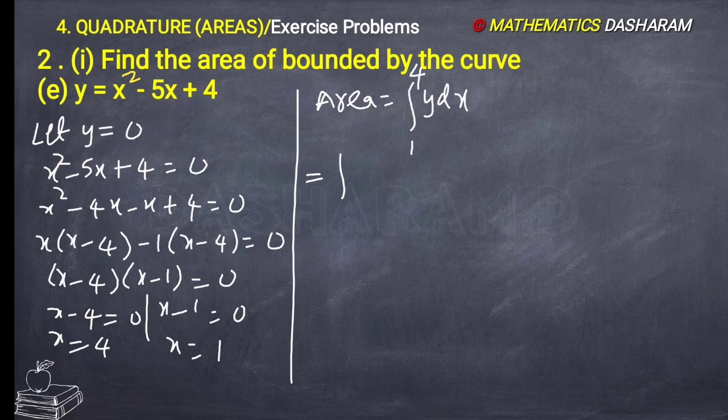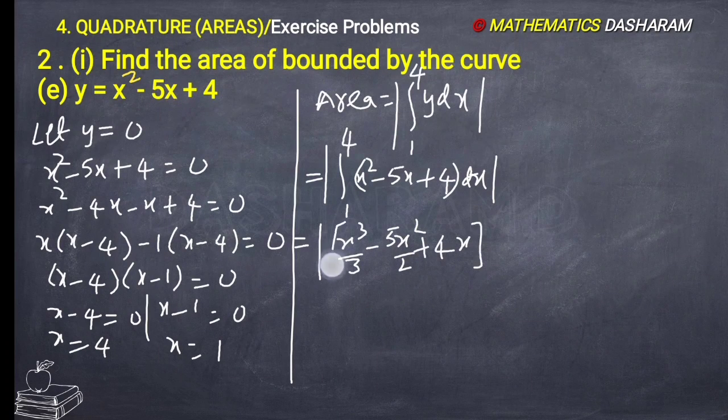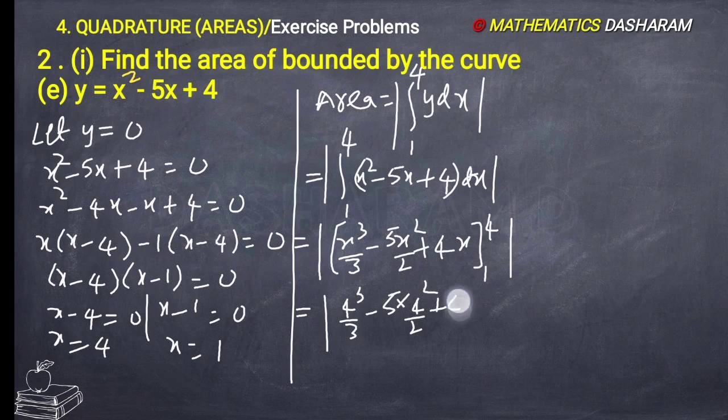So with the mod symbol: mod of the integration from 1 to 4 of (x square minus 5x plus 4) dx. It equals mod of the integration: x square is x cube by 3, 5x is 5x square by 2, plus 4 is 4x, from 1 to 4. So it equals mod of 4 cube by 3 minus 5 into 4 square by 2 plus 4 into 4, minus.